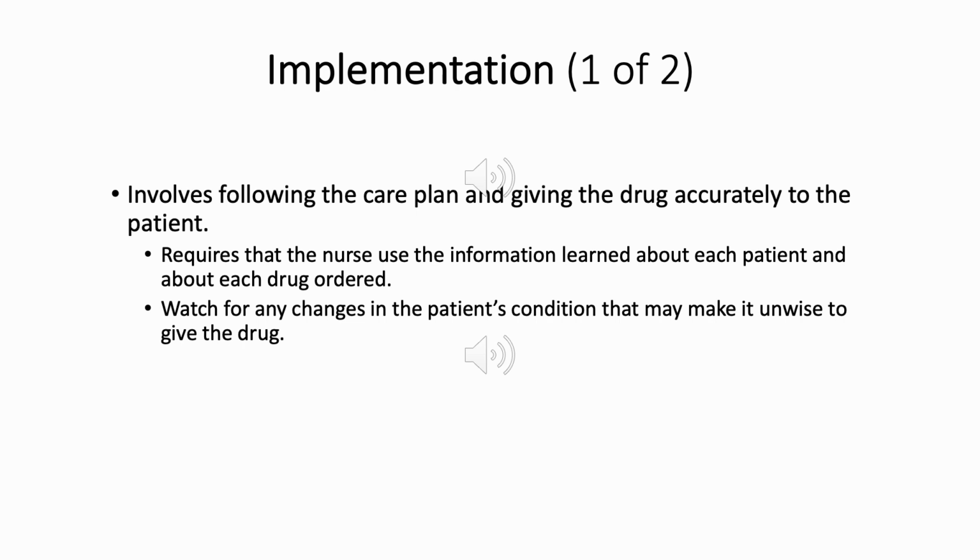If you are planning to give the ordered penicillin antibiotic, and you notice that the patient has a red rash on his or her chest and arms, you would withhold the next dose of the drug until you have reported the rash to the healthcare provider because it may indicate an allergic reaction. After you have carried out the plan, you will record in the patient's chart or EMR that you have given the drug.